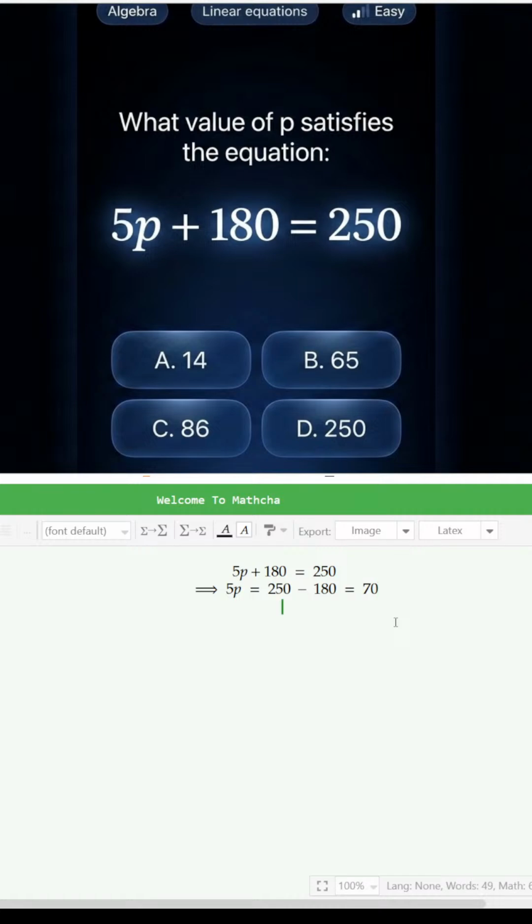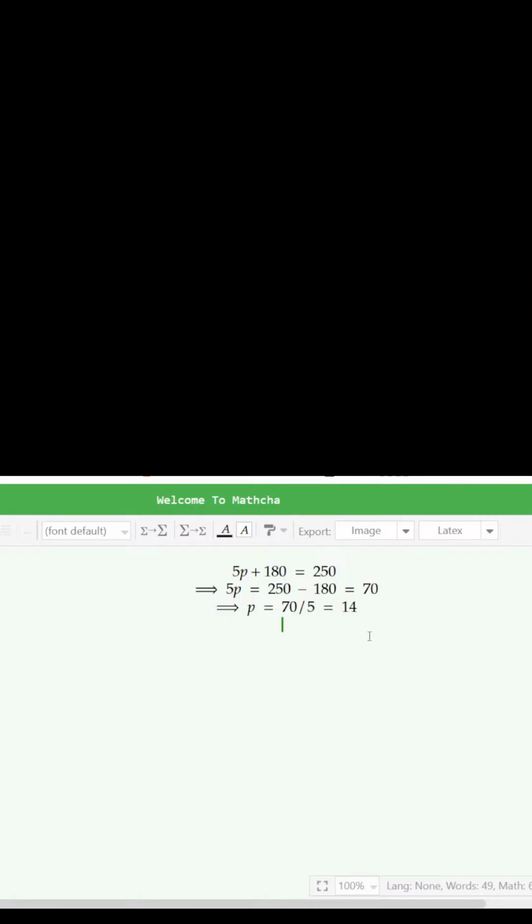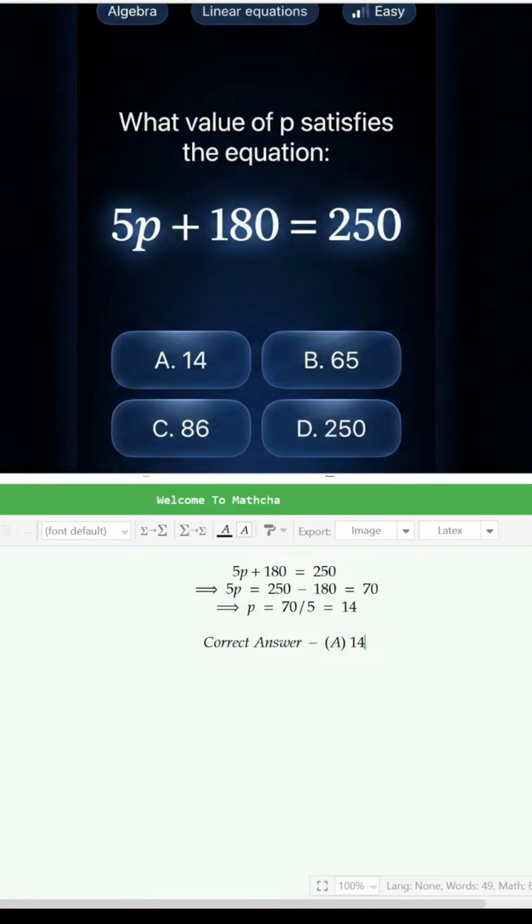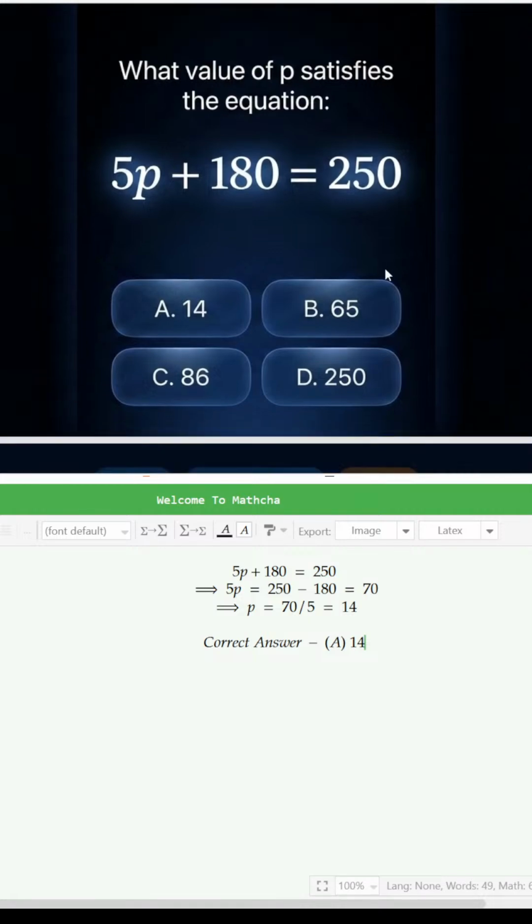So we have p is equal to 70 divided by 5, that is 14. So 14 is the correct answer, and that is option A. So our correct answer will be option A, 14. Okay, let's go to the next question.